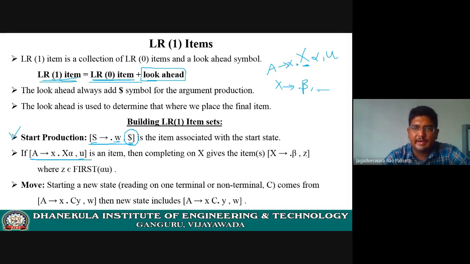How do I get the look ahead symbol? For that, go to the previous production rule. That is this one. Why are you getting this particular production rule?